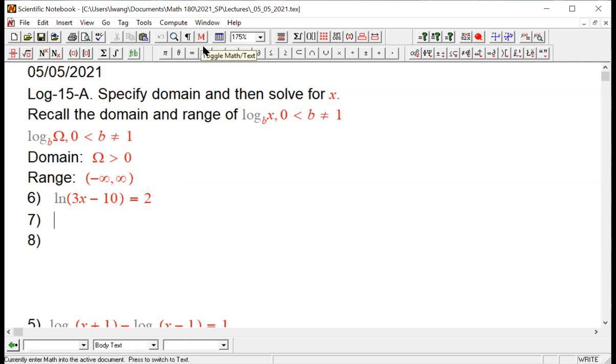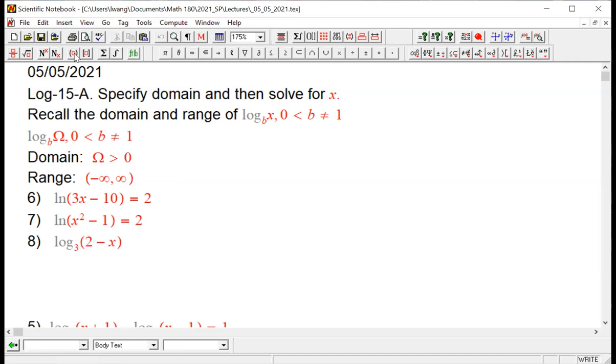And 7, ln of x squared minus 1 equals 2. Number 8, log base 3 of 2 minus x equals 3.